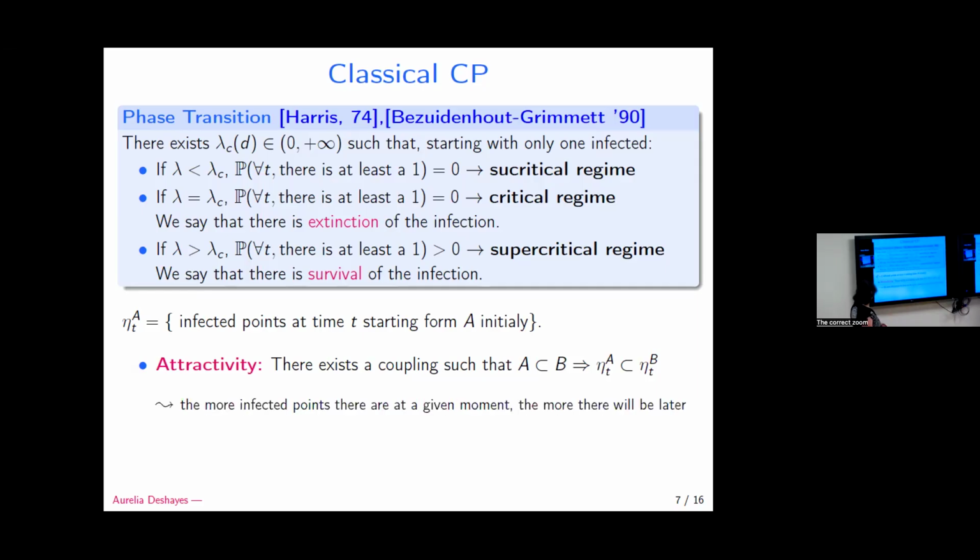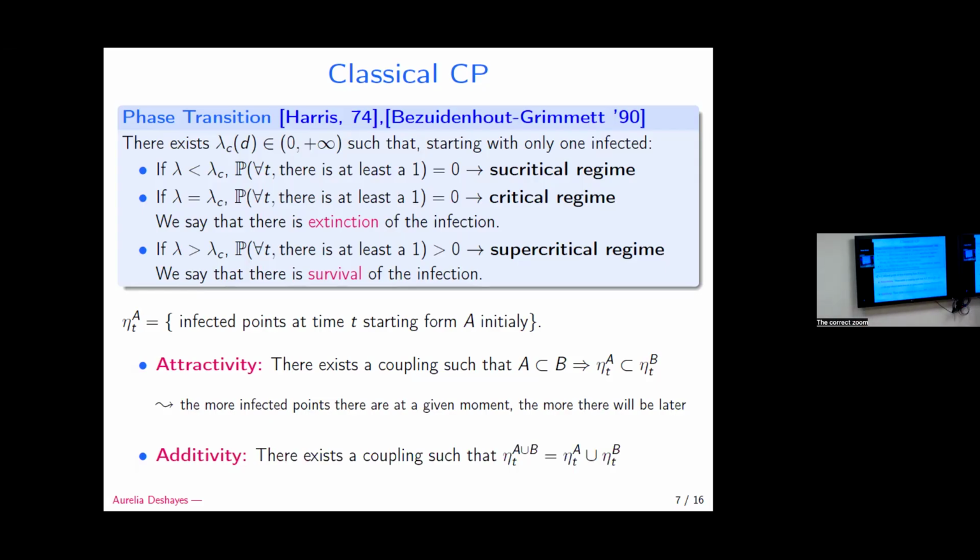And another very important property for the contact process: for a long time, I was convinced that only attractivity was interesting and additivity was just a plus. But in fact, additivity is important. For example, SPONT is attractive, but not additive, and it will have some impact.